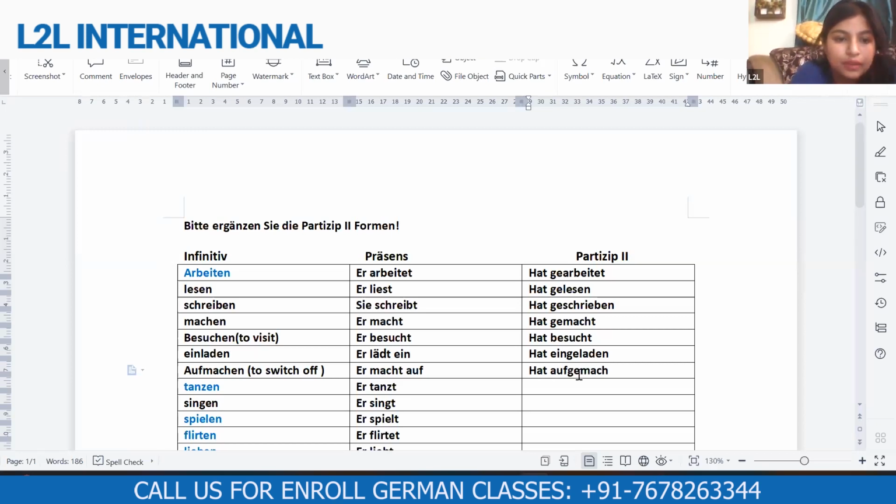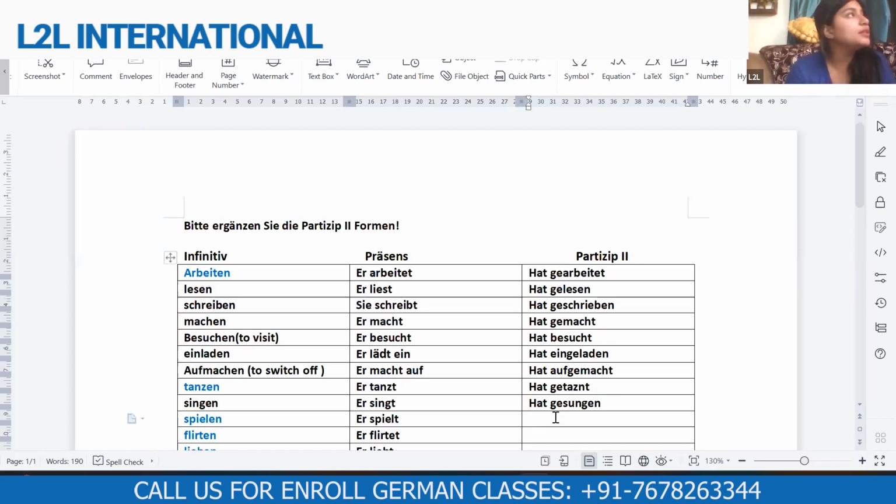Aufmachen is a trennbares verb, so it would be hat aufgemacht. Ja, Sana, für tanzen bitte, einmal. Hat getanzt. Hat getanzt, right. Then singen is again a regular verb, but the participle we have for this is a bit changed. So gesungen, hat gesungen.